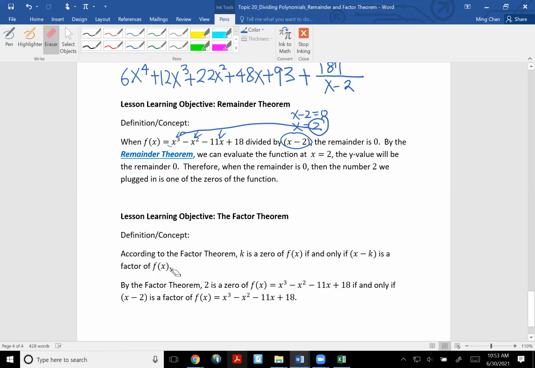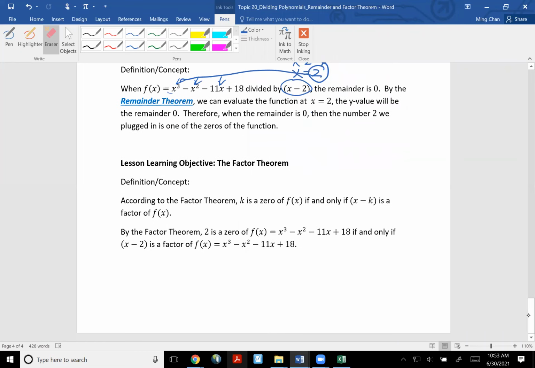So if that 2 was a 0, that means I can write that answer as a factor. X minus 2 will be a factor. So by the factor theorem, if 2 is a 0 of my polynomial function, just like I wrote here, if and only if x minus 2 is a factor of that. Okay, just looking at it from a different perspective.